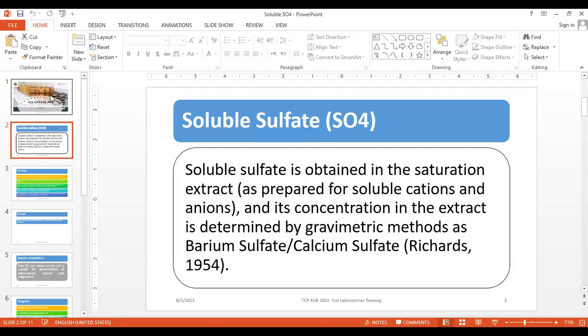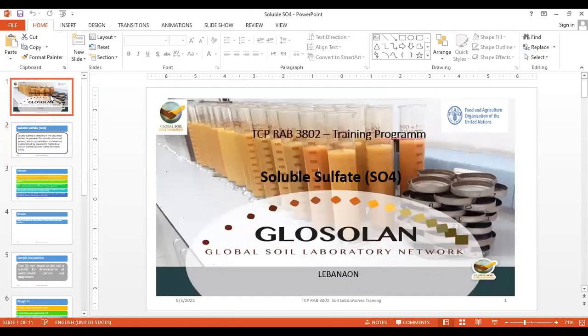So we can move to soluble sulfate. Hopefully, Maria, with soluble sulfate, you do something as we agreed that you will check. But in general, I will try to explain the basic principle for determining soluble sulfate in soil.